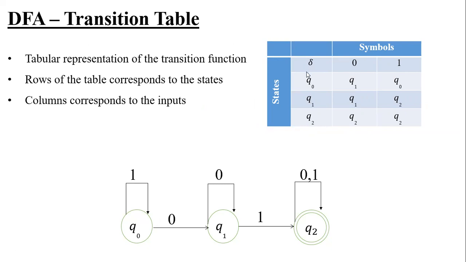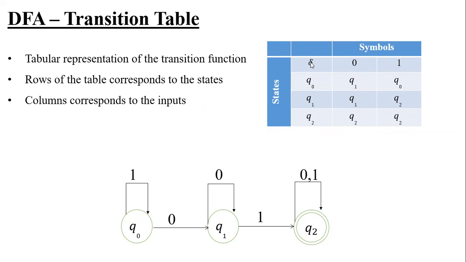In the rows, we have states Q0, Q1, Q2, and in the columns, we have input symbols. We have only two input symbols, 0 and 1. The intersection point is the output of the transition function, while the corresponding row and column entries are the input parameters for this transition function.